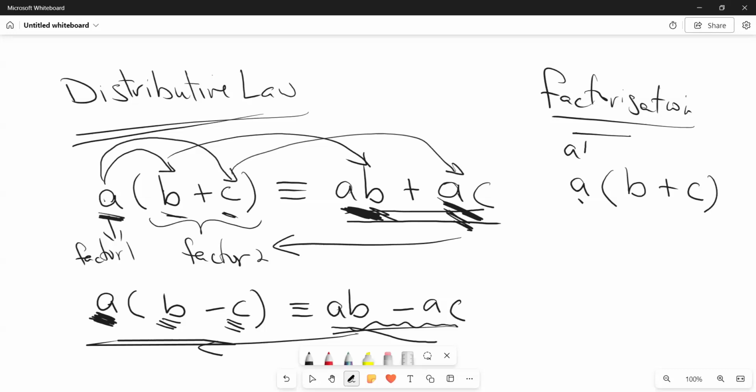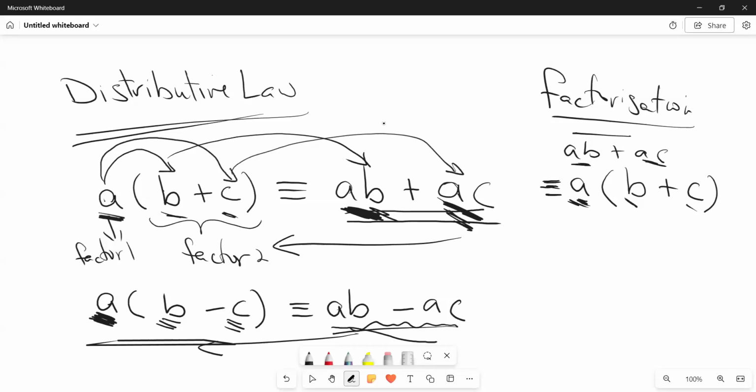So AB plus AC is equivalent to, and here I factorize it. I look for the common factor. Common factor in this case is A. Pull it to the front and divide each term. AB divided by A will give you B. AC divided by A will give you C.